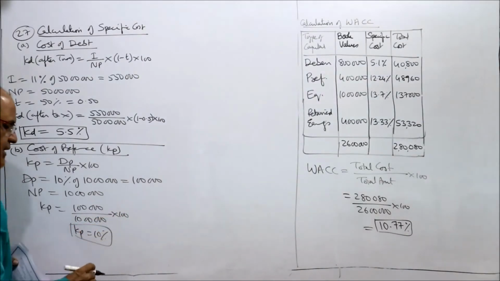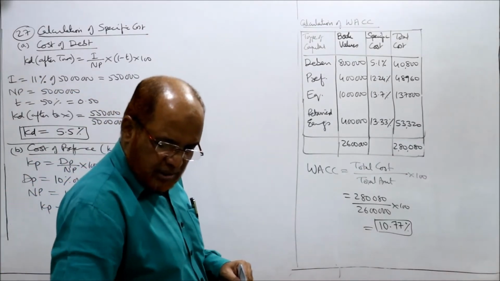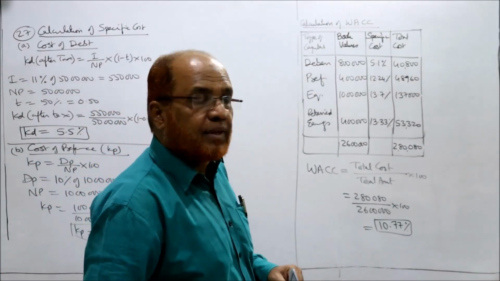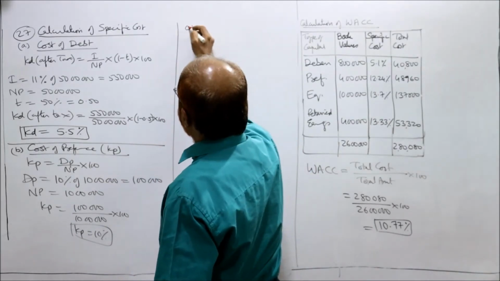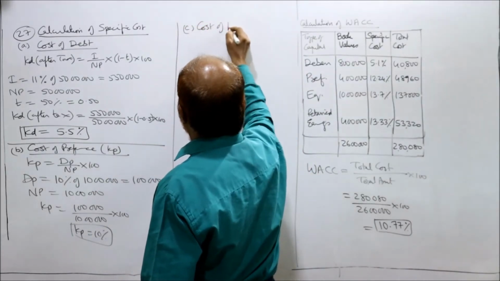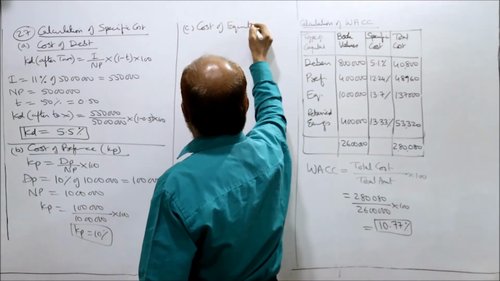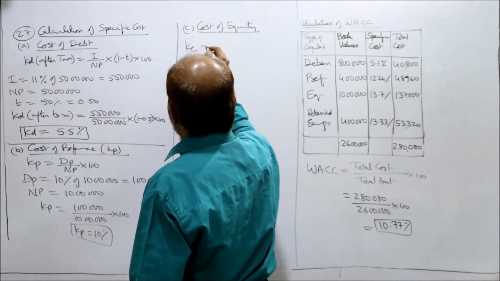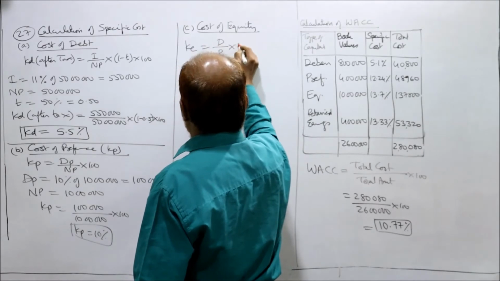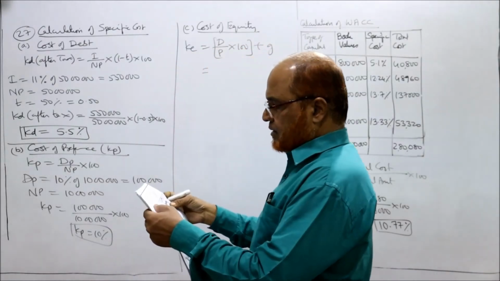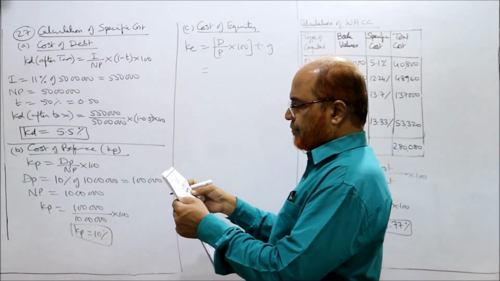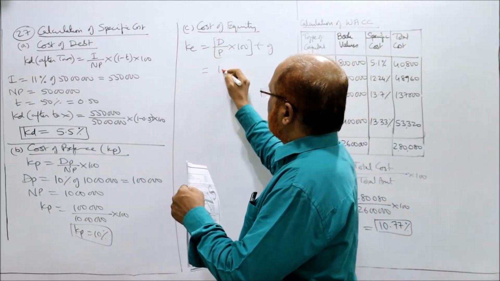Come on, we got this one, KP we got. Lastly, we have to calculate KE. K is equal to D by P into 100 plus G. Dividend. How much is the dividend? 10 rupees.